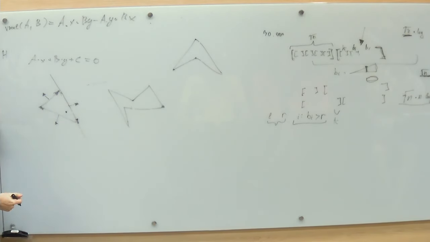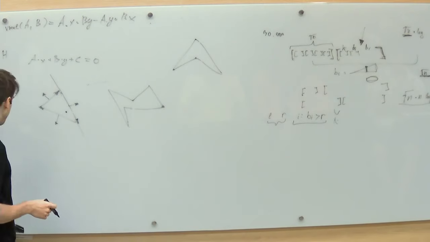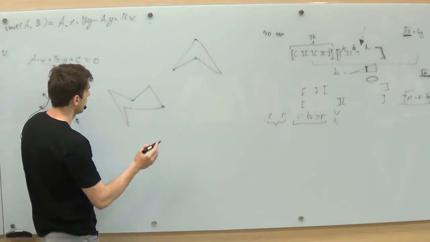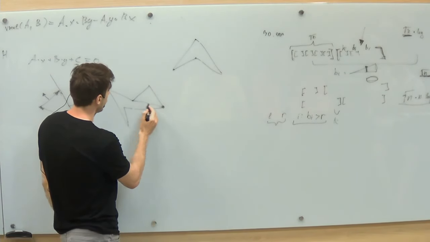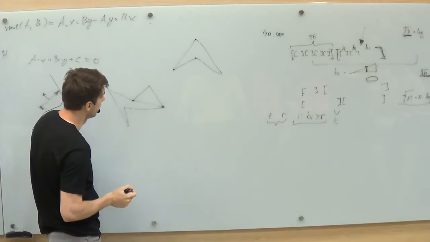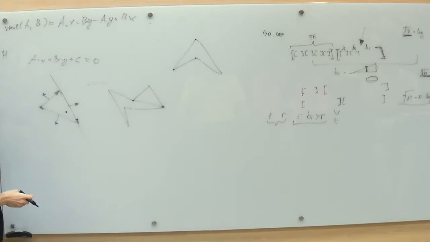And again, when you put your point into this equation, you want to check if the sign of the value of this expression is the same for all lines. That's how you can check. Again, they are very similar ways, but a little bit different. So okay, the first thing you have done is that you make sure that the triangle contains no other points.